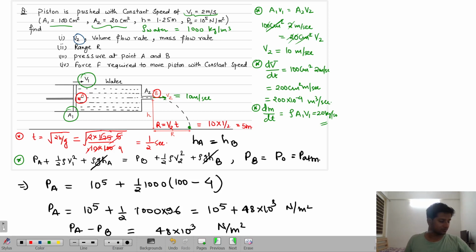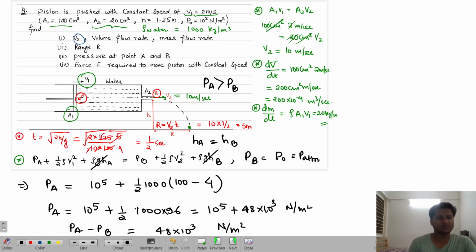Are you able to get me? So this implies that pressure at A is greater than pressure at B, isn't it? If pressure at A is greater than pressure at B, try to understand, this will provide us some kind of force on the piston.